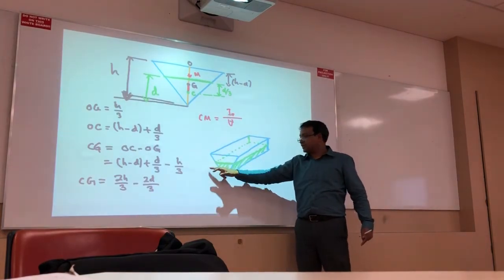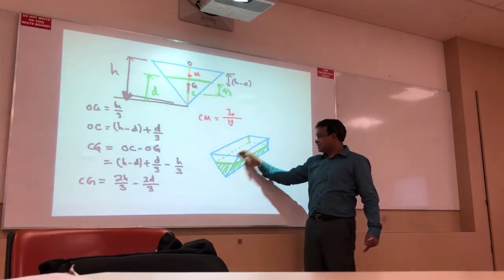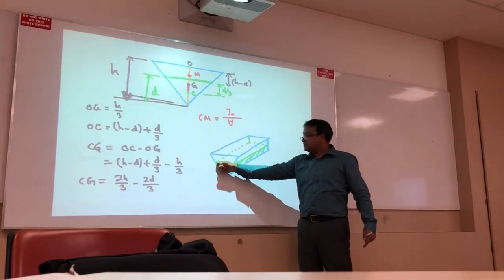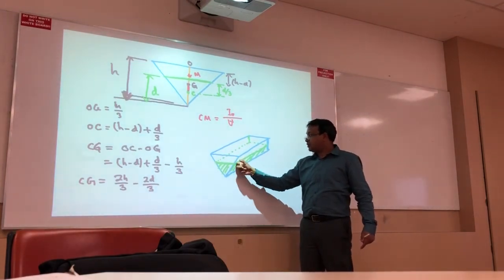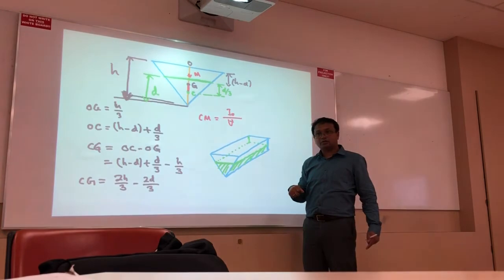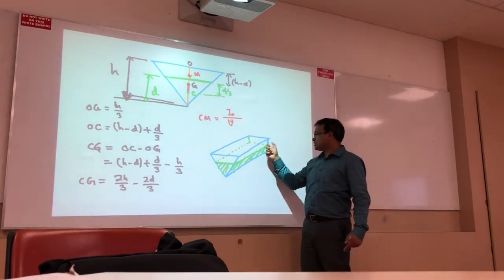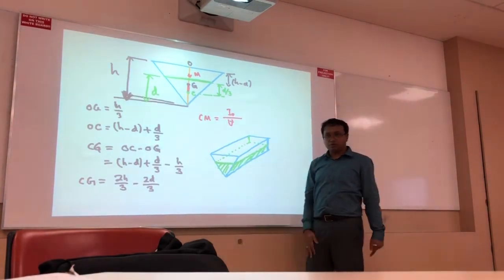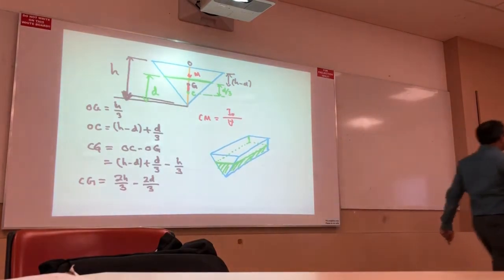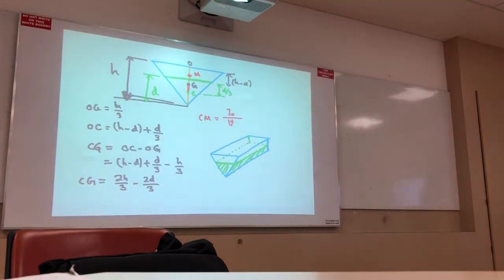So the I axis is somewhere here. I say from here to here is A, from here to here is B. Anyone you can write. I assume from here to here is A, right?